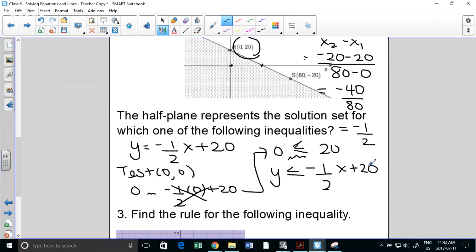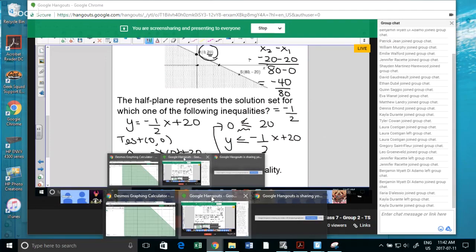In y equals ax plus b, just to answer the question, how come I picked 20 as b? B is the y-intercept. This is where it hits the y-axis. It hits at 20, so that plugs right in.